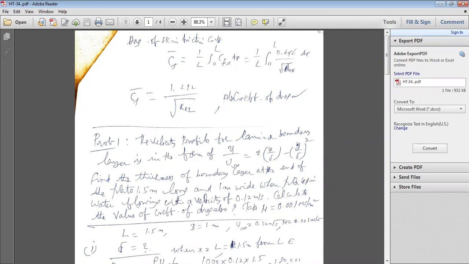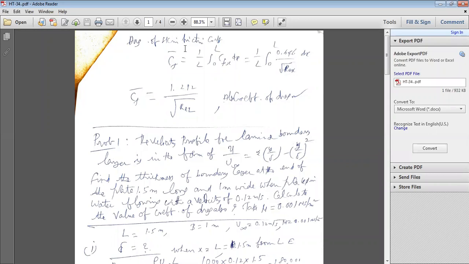So if you take the X value, that is Reynolds number at any given value of X. And if you calculate skin friction coefficient at any given value of X, that is the local skin friction coefficient. So that can be calculated by using the formula 0.646 divided by square root of Rex.